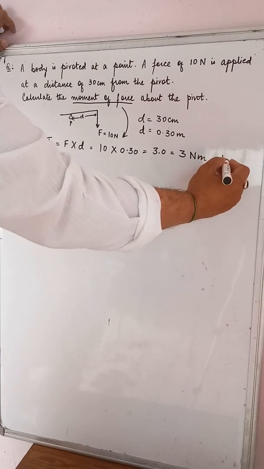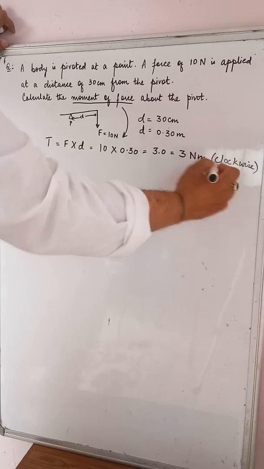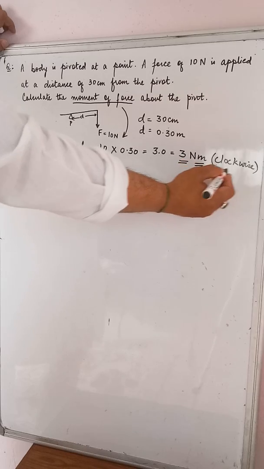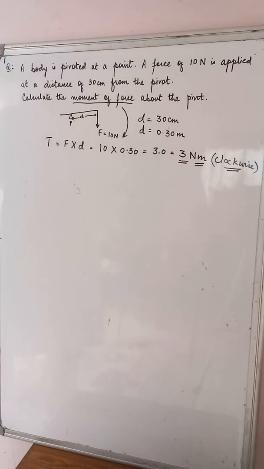So we can write clockwise. So this is the magnitude, this is the unit, and this is the direction of the torque or the moment of force. This is a very simple example on how to calculate the moment of force or the torque.